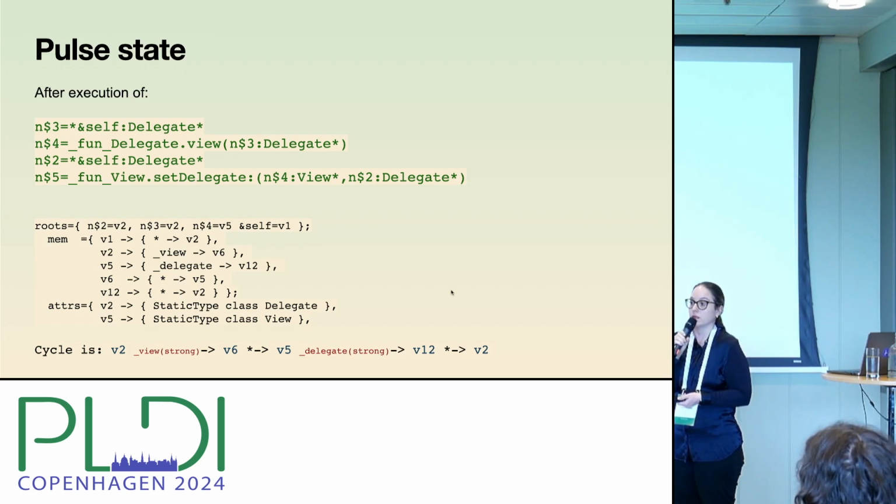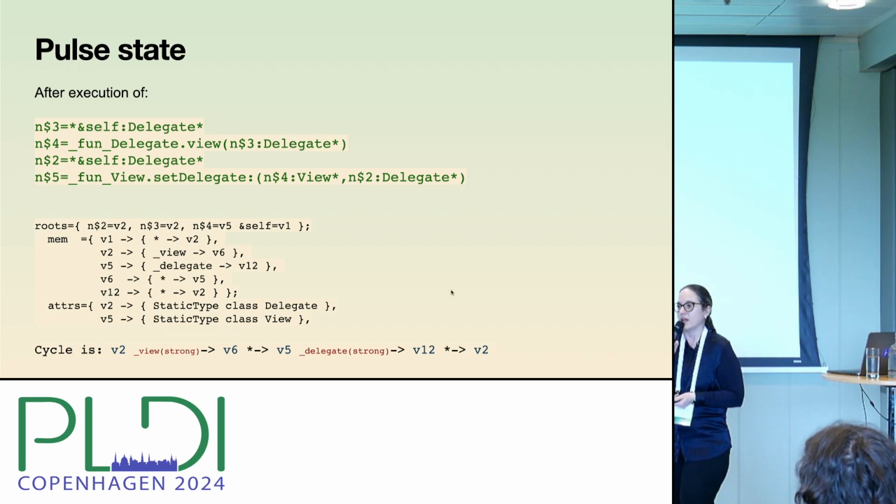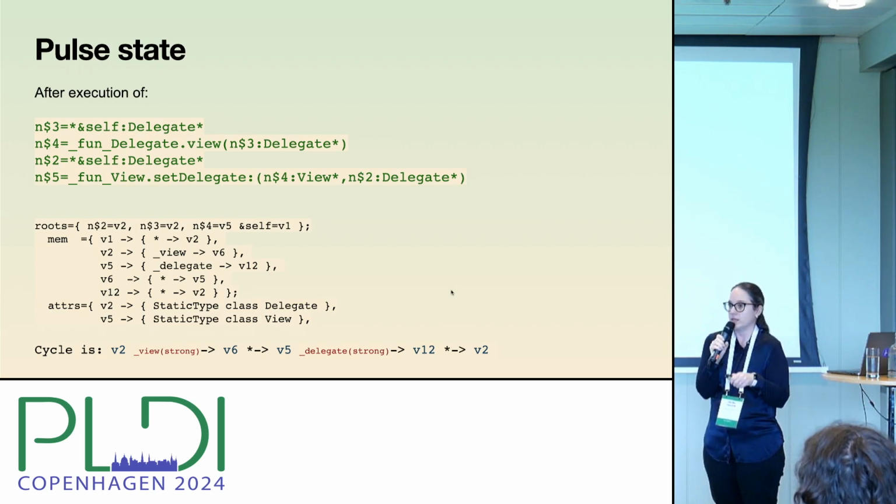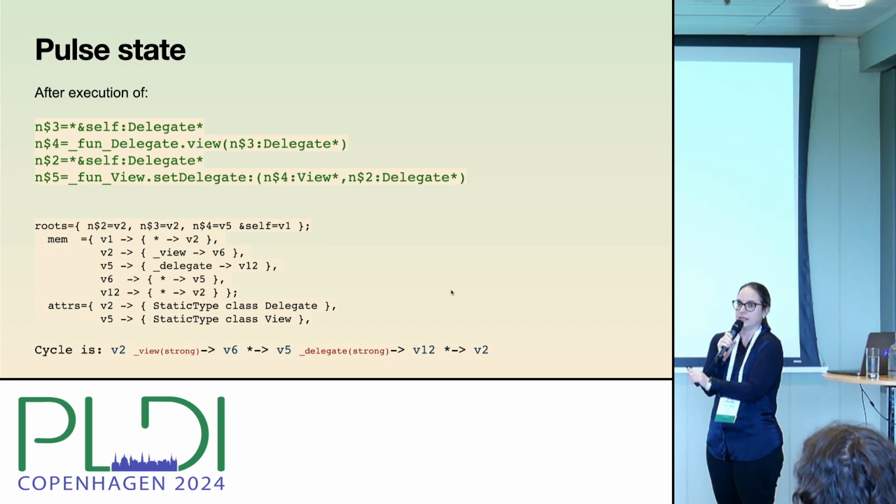I will get to that later, what we do about the pointers being strong or weak. That was something we had to fix towards the end. But other than that, everything was already in Pulse. I will also mention later an attribute that I added just to avoid duplicates. So yeah, we can add attributes, we can change Pulse, whatever we need.